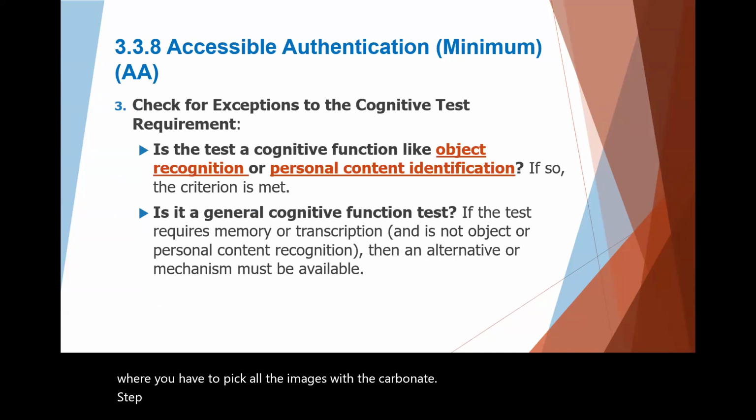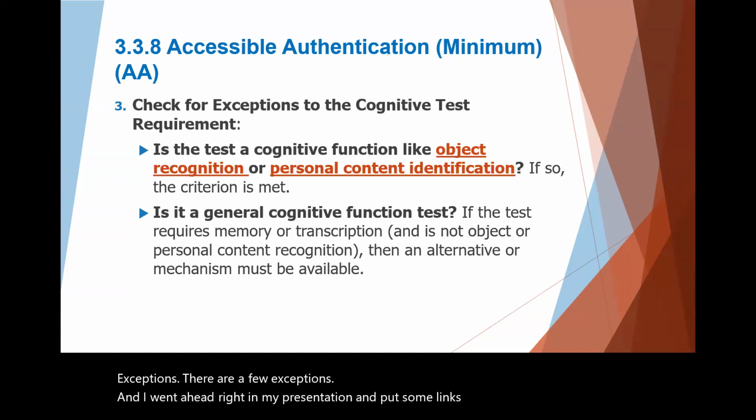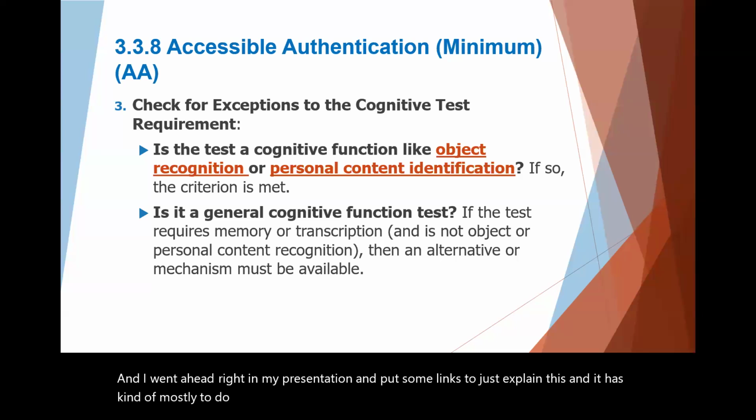Step three, you're going to check for exceptions. There are a few exceptions, and I went ahead in my presentation and put some links to explain this. It has mostly to do with CAPTCHA: is the test having to do with object recognition or personal content identification?